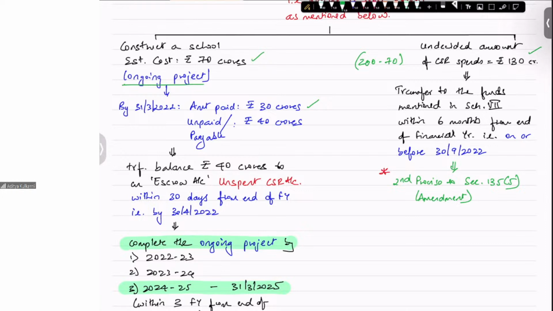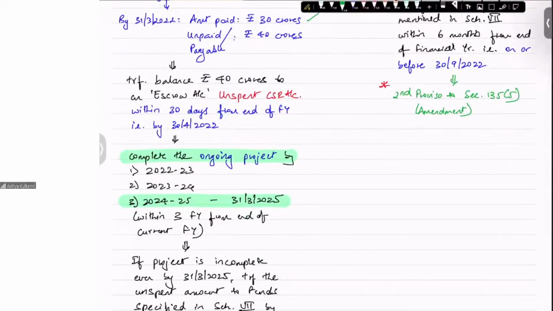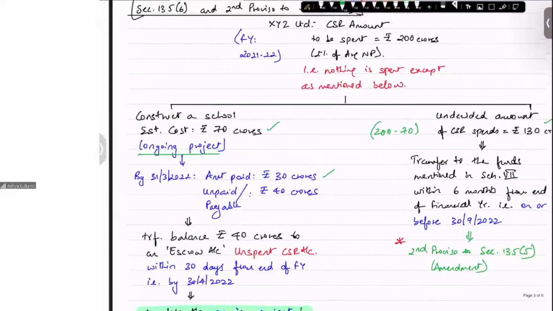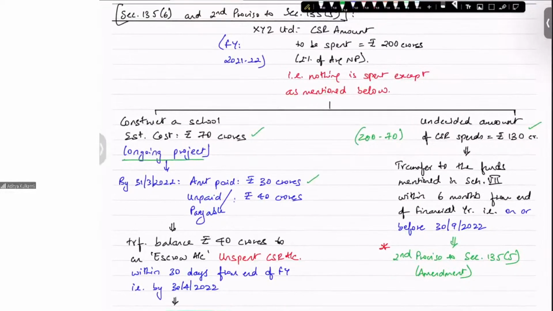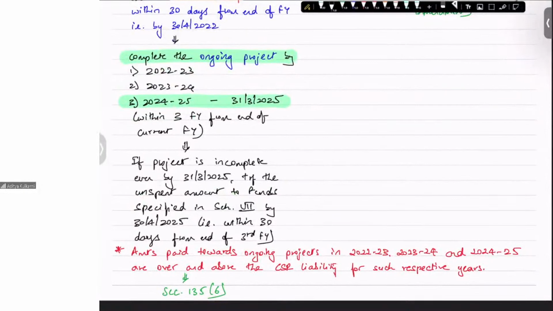And then the statute says you have to ensure that the project is completed within 3 financial years from the end of the current financial year. So my CSR was for which year? Sir, our CSR was for the financial year 21-22. That means you will have to ensure that the project gets completed by 22-23, 23-24, 24-25.